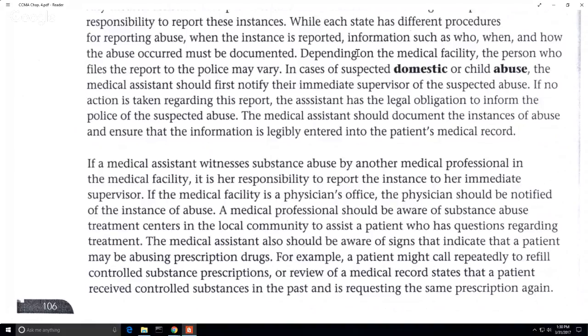If the medical facility is a physician's office, the physician should be notified of the instance of abuse. A medical professional should be aware of substance abuse treatment centers in the local community to assist a patient who has questions regarding the treatment.